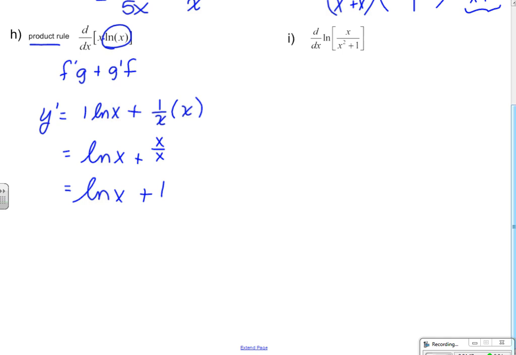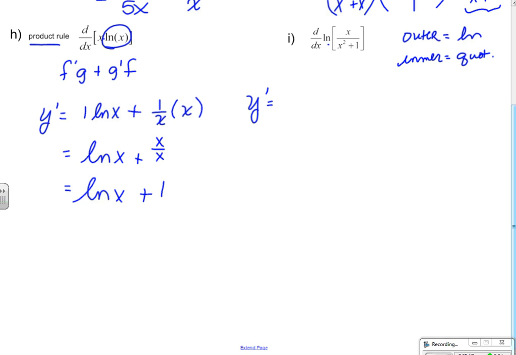The next one is a natural log on the outside, but inside I'm looking at a quotient rule. So this is going to be a chain rule. The outer function is natural log. Outer is going to be a natural log derivative, and the inner is going to require a quotient rule, isn't it? So we've got our game plan locked in our mind. Y prime equals. Well, first let's deal with the outer function.